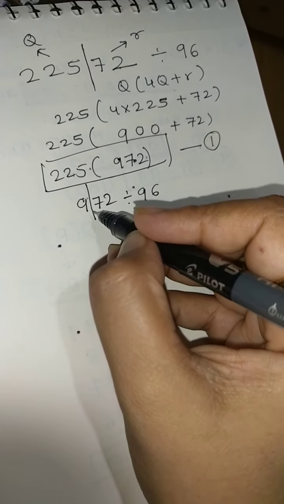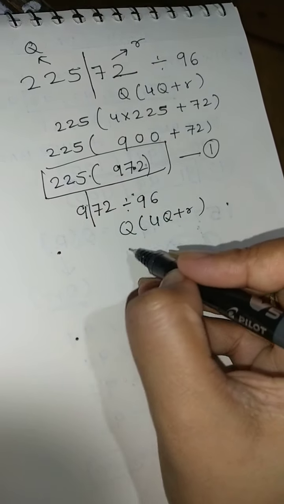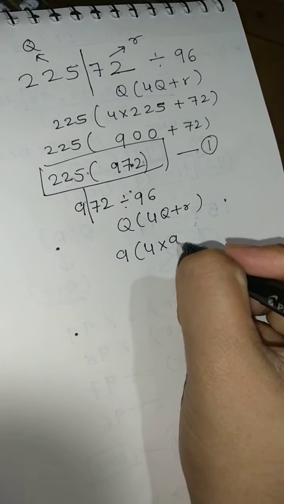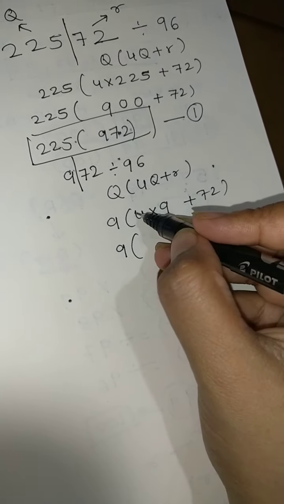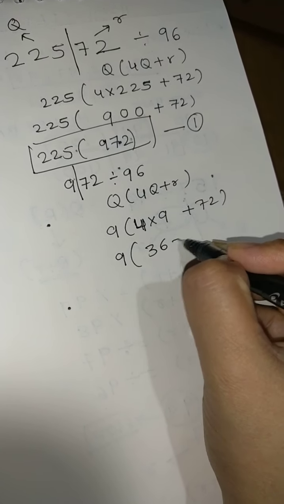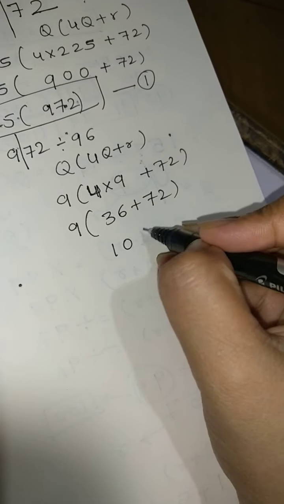Okay, so let's do it. And the formula you know, q, 4q plus r. So 9, 4 into 9 plus 72. 4 nines are 36 plus 72. This becomes 108.